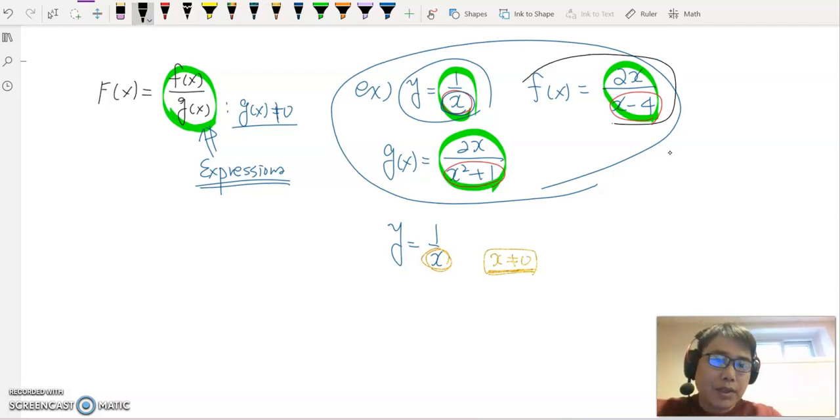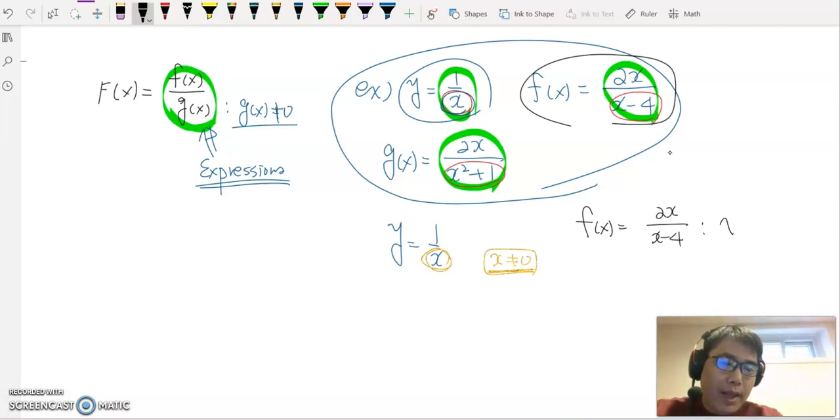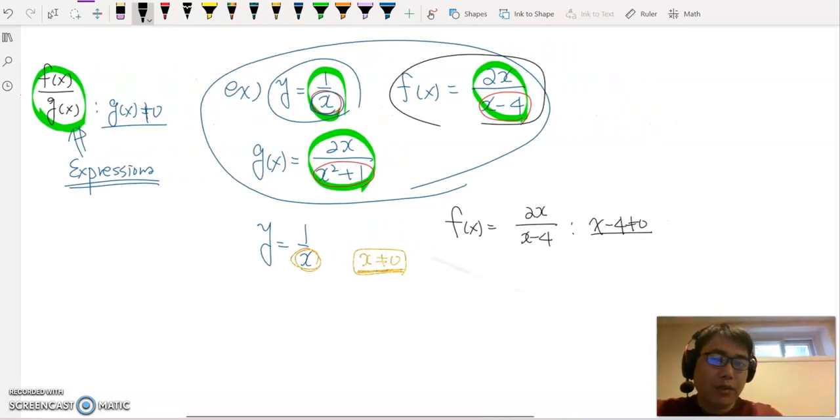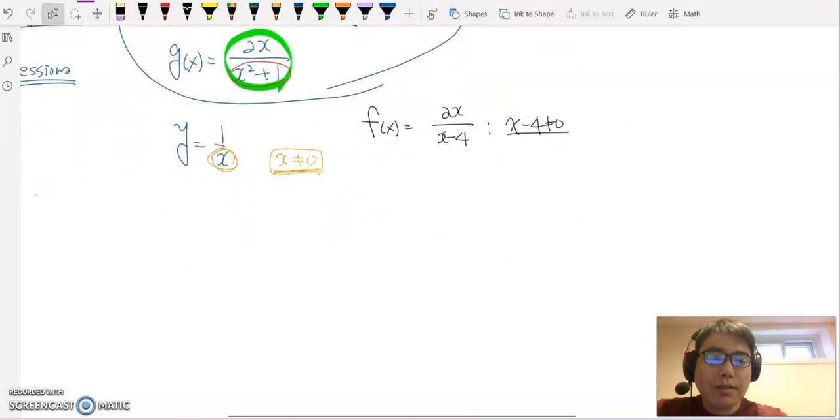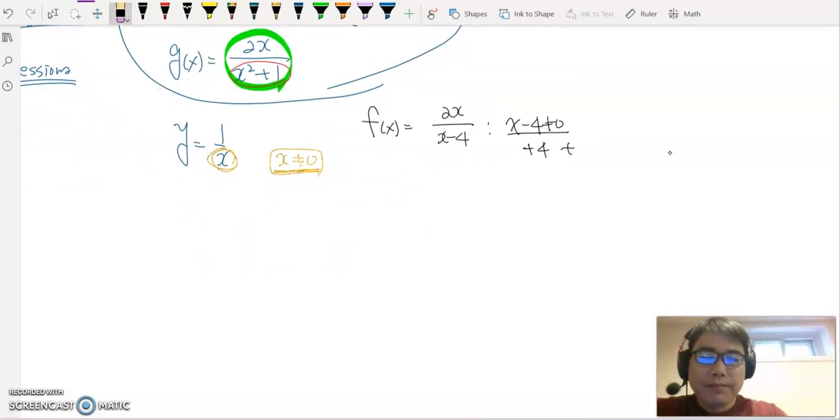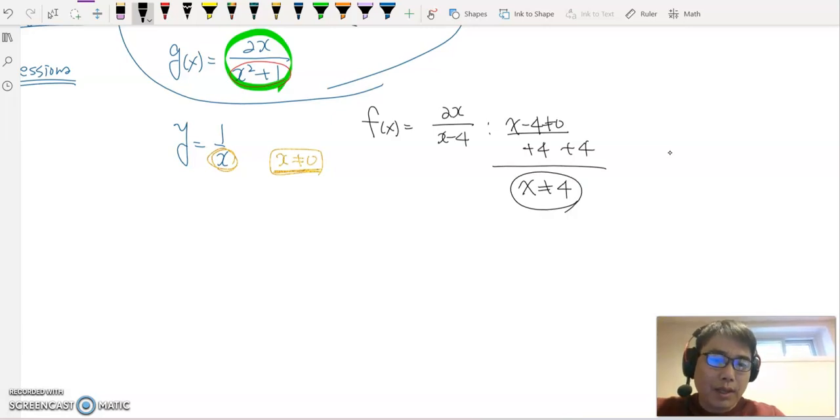And then in this function case, f(x) equal to 2x over x minus 4, x minus 4 cannot be 0. It's very important anyway, so please remember that. So you solve for x, and in this case, x cannot be 4 like that.